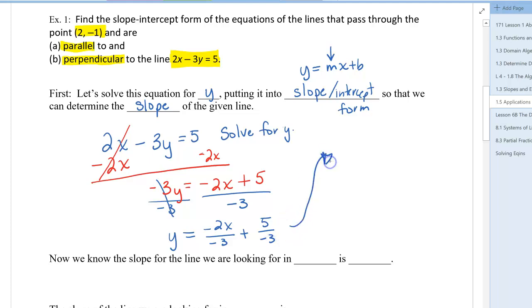And then just to clean this up a little bit, that's going to give me y is equal to 2/3 x, because a negative divided by a negative makes that positive, minus 5/3. So now we know the slope for the line we are looking for is 2/3.